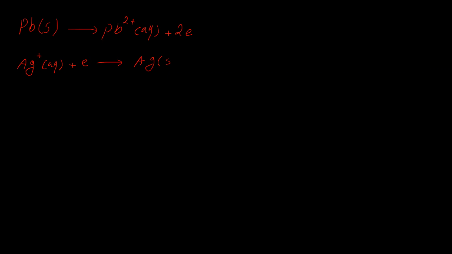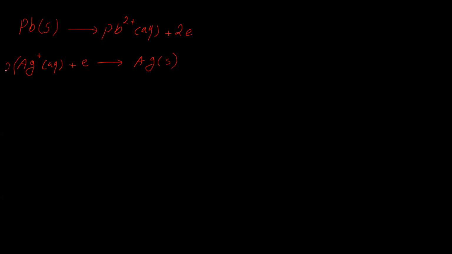To balance the equation, the number of electrons gained by Ag+ should be equal to the number of electrons lost by Pb. So I need to multiply the Ag+ equation by 2 to equal the number of electrons.